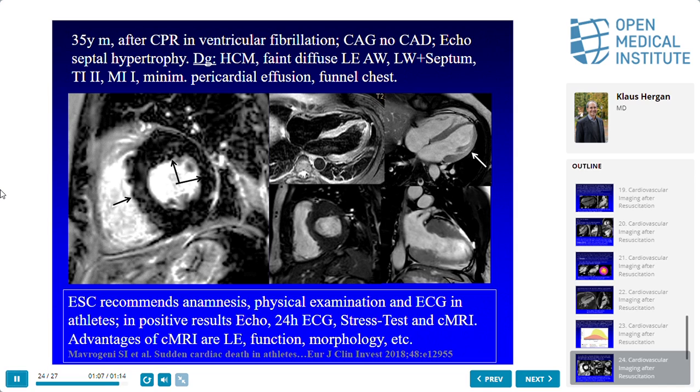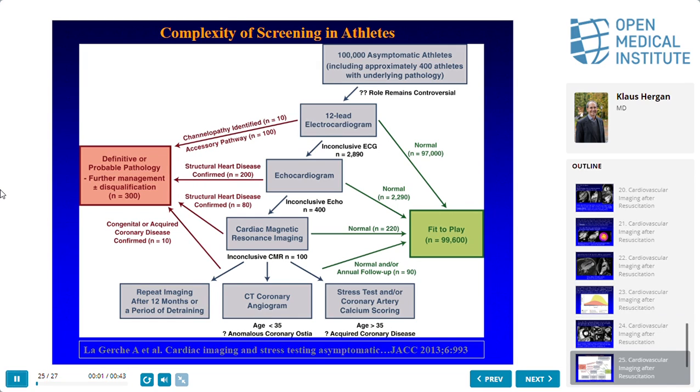This is the problem. On the other hand, all kinds of screening can affect the patients and the athletes too. And this is this complicated decision tree. So you have to examine around 100,000 asymptomatic athletes to find out around 400 patients in which you have to do further work up with imaging like CT or MRI or stress tests.